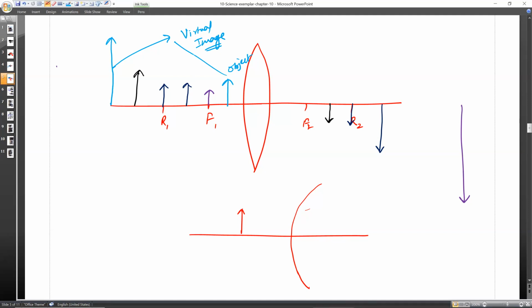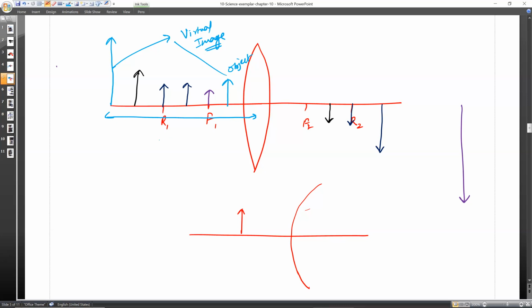Now, can you tell me, in the case of a lens, will V, the image distance, be positive or negative for a virtual image? Negative.